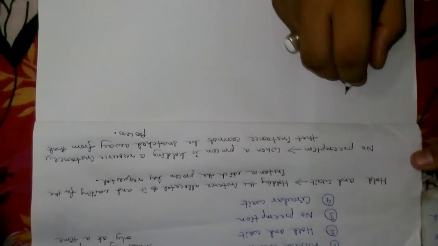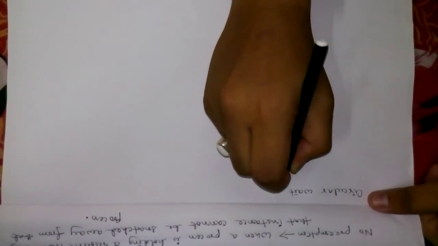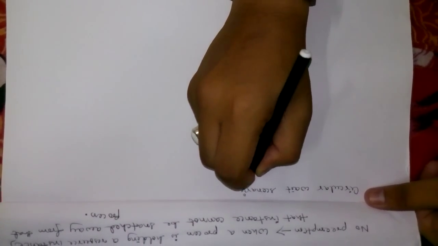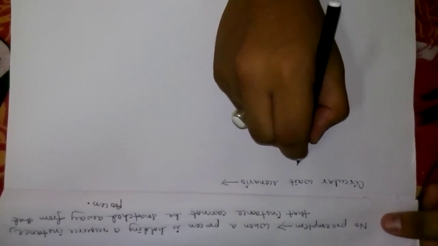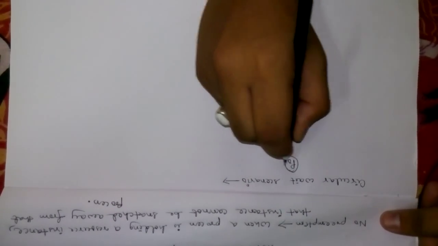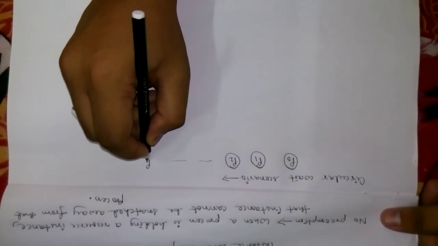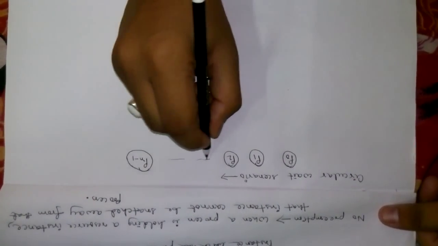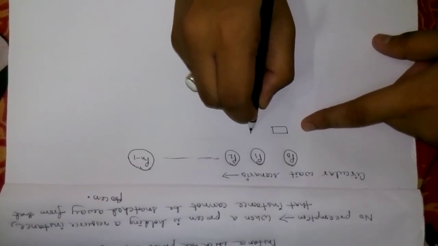Now the last and the most important thing is the circular wait scenario. Let us explain the circular wait scenario with n different processes. Suppose there are processes P0, P1, P2 up till Pn minus 1, and there are different resource instances of a particular resource type.